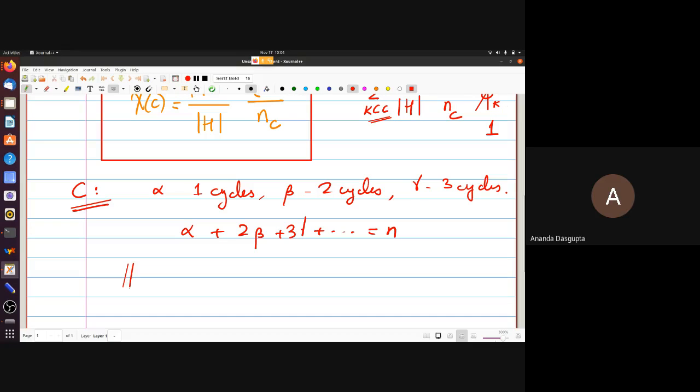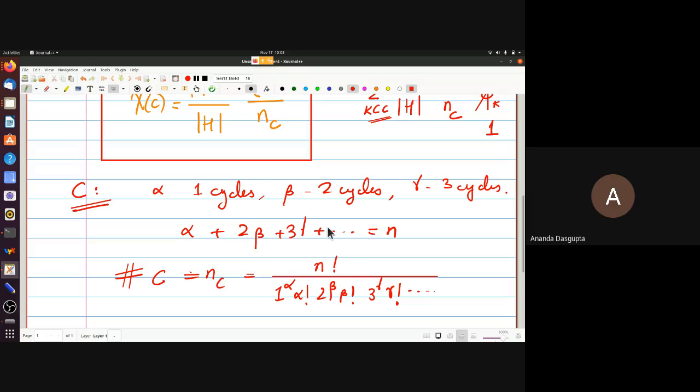And the number of elements in a class, what we have been calling NC: if a class is given by alpha 1-cycles, beta 2-cycles, and so on, we know what the number is. It's simply n factorial divided by 1 to the alpha, alpha factorial, 2 to the beta, beta factorial, and so on. Is that okay?